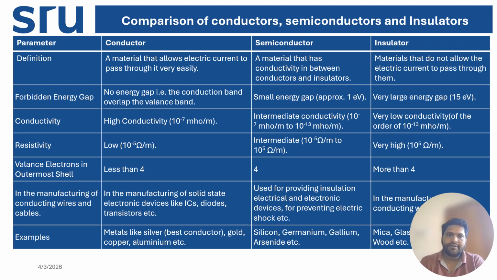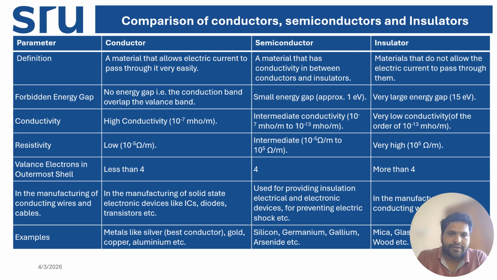A conductor is a material that allows electric current to pass through very easily. A semiconductor is a material that has conductivity between a conductor and an insulator. An insulator is a material that does not allow electric current to pass through it.